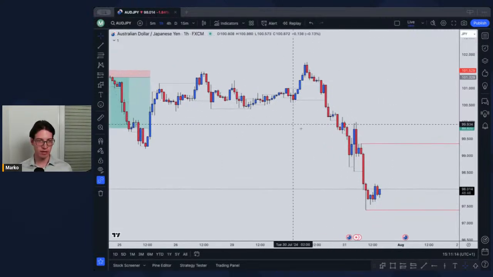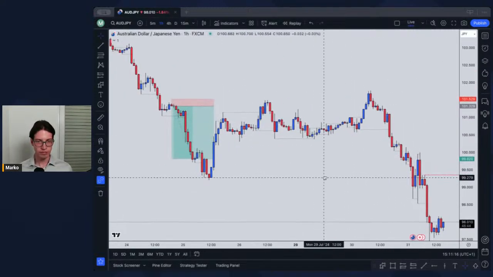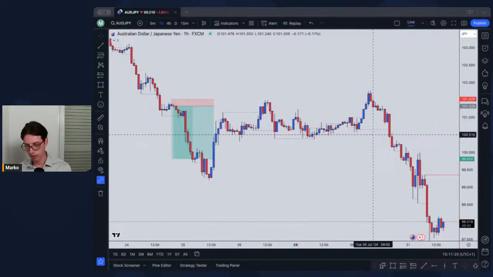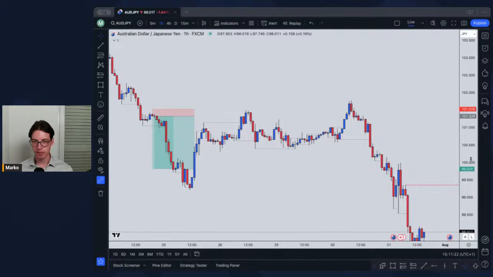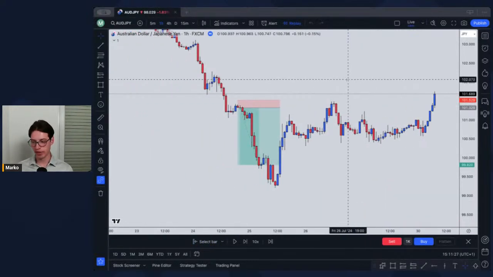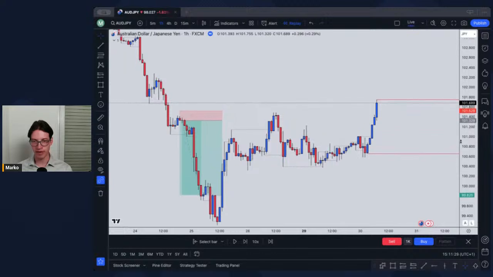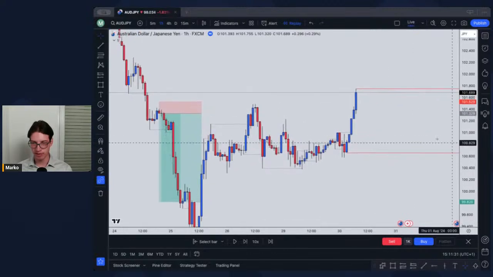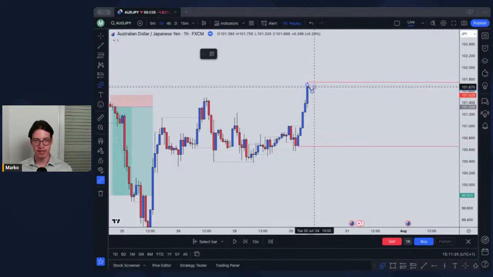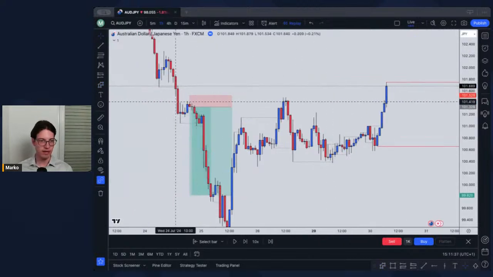AJ is pretty flat right here. We did have a nice push up with this large impulse. I was looking for a potential buy setup, okay, maybe a flag or a break and retest. So something like this, a nice small flag, like this one basically.